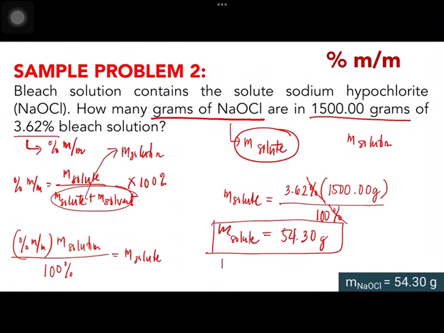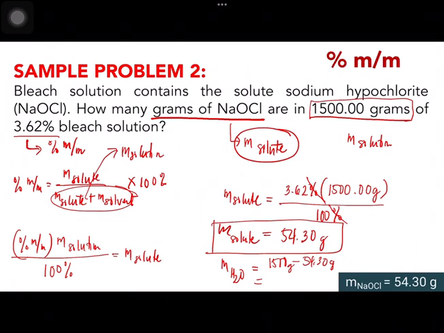So, kung itatanong naman sa iyo, what is the mass of water added? Kunwari, hindi to kasama sa question. So, alam mo na 1,500 grams yung solution at 54.30 grams doon ay yung solute. So, ang gagawin lang natin ay 1,500 minus 54.30 grams, and that will give you the mass of your water.